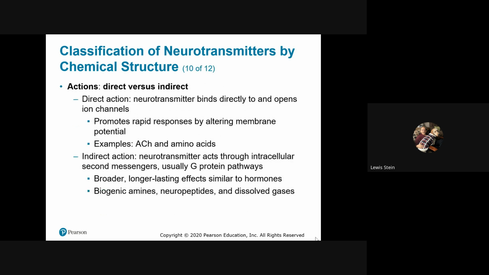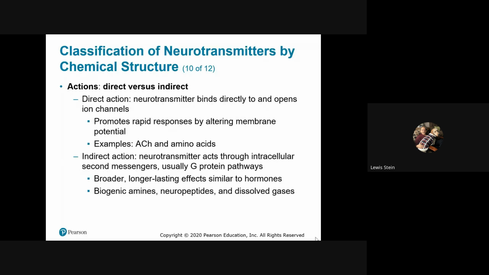This is another important nugget, direct versus indirect. Neurotransmitters that open an ion channel, I said it earlier, work fast because they alter the membrane potential. Amino acids and acetylcholine: glutamate, aspartate, glycine, GABA, acetylcholine, boom.